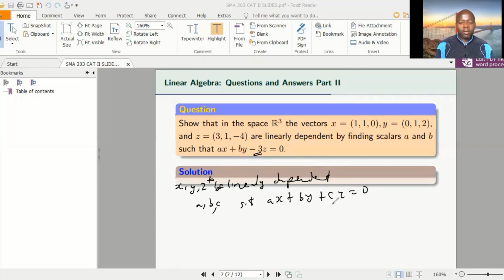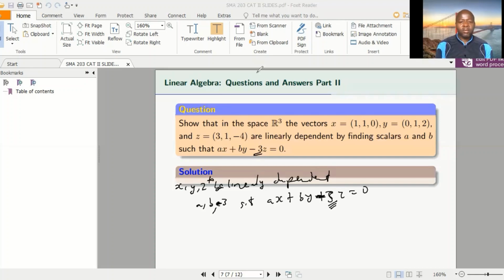But in this question, we are already given c as negative 3. So therefore, we can obtain scalars a, b and negative 3. And this is the simplest way to do it. We can obtain scalars a, b and negative 3 so that ax plus by minus 3z is 0.